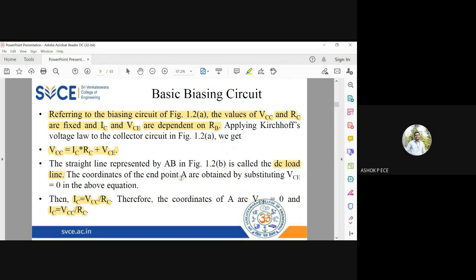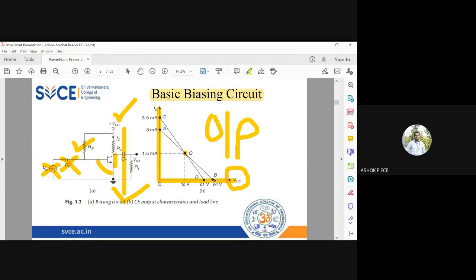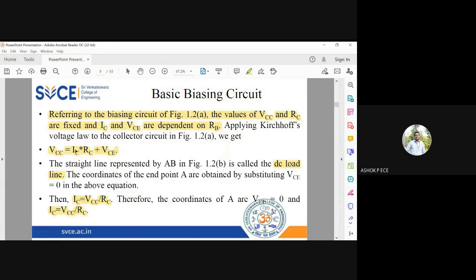Okay. Now, one end of my line is fixed. I have to fix the second end of my line. For that, I have to consider the point where the line is going to touch the x-axis. When the line is touching the x-axis, the y coordinate becomes 0. The y coordinate is IC, so in the same equation, I'm going to put IC equal to 0.